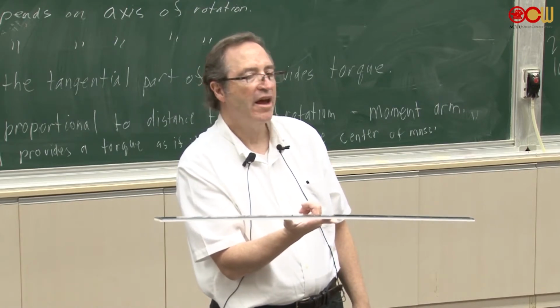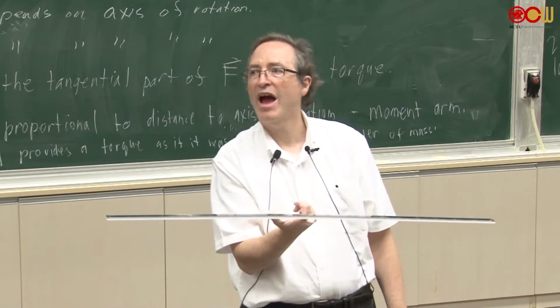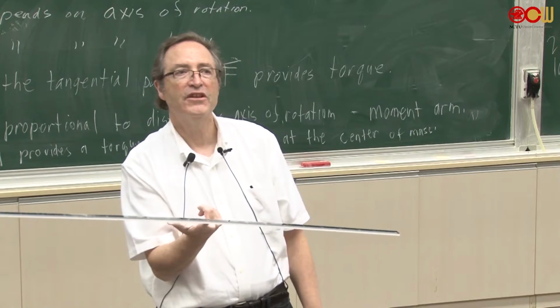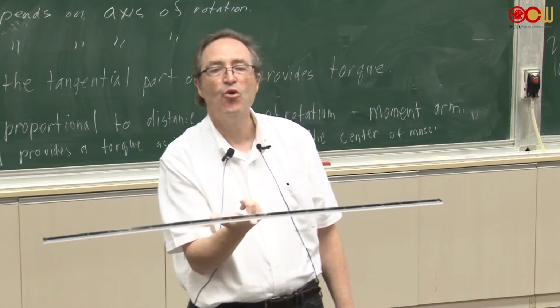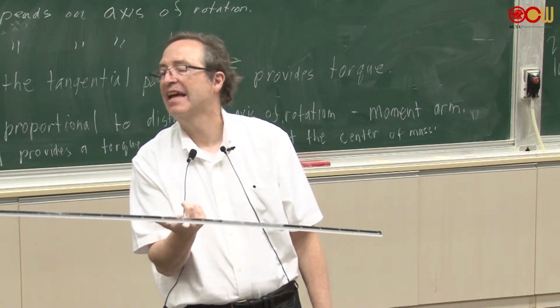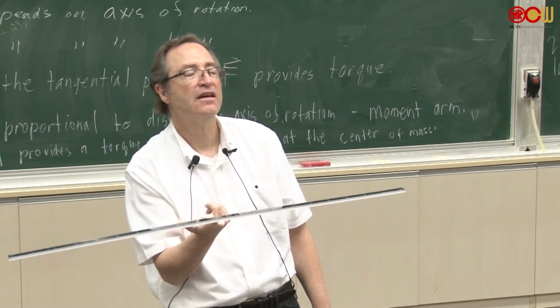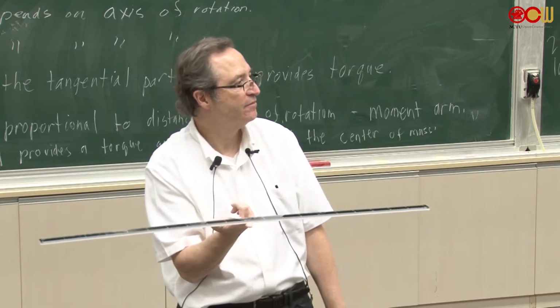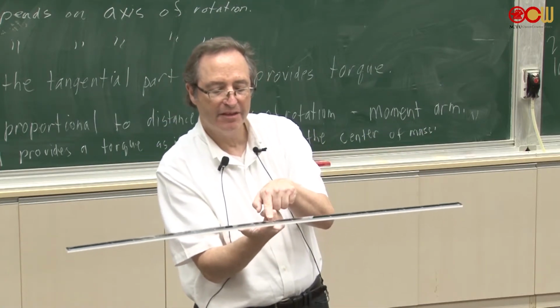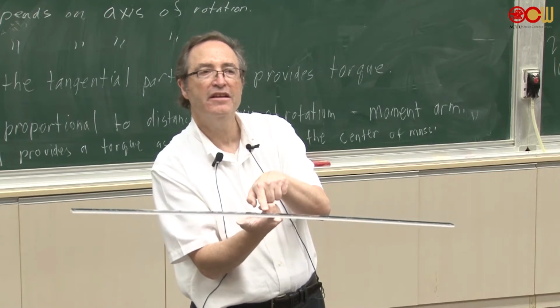Okay? So whenever you deal with the force of gravity and you need to deal with its torque, just pretend that the force of gravity is acting at the center of mass of the object. And of course, the force is down. So the torque about this point here is 0.